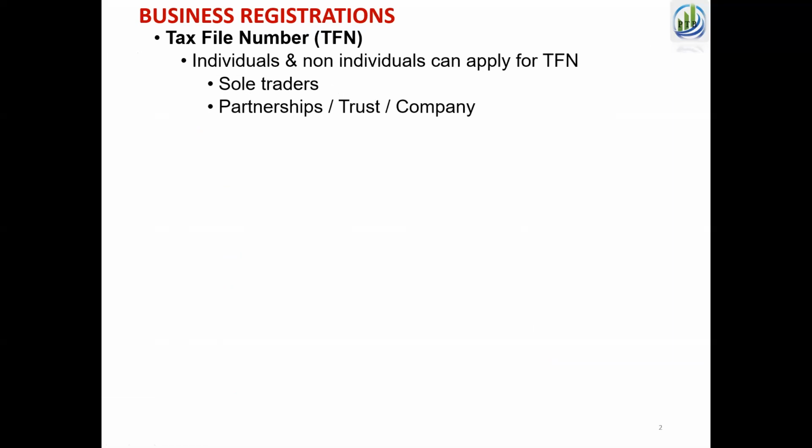One of the reasons is that the ATO can match how much income you got from your partnership. So when you lodge the partnership tax return, the distribution between the partners is reported to the ATO through the partnership tax return. So even though the partnership is not paying tax, it should have a tax file number to communicate with the ATO.